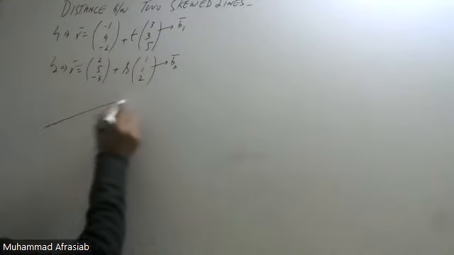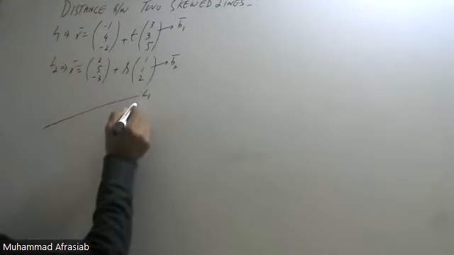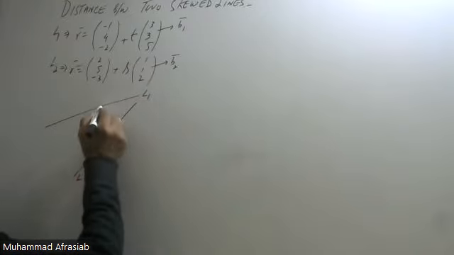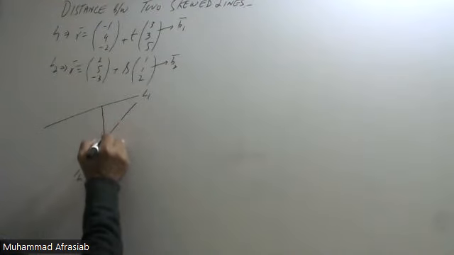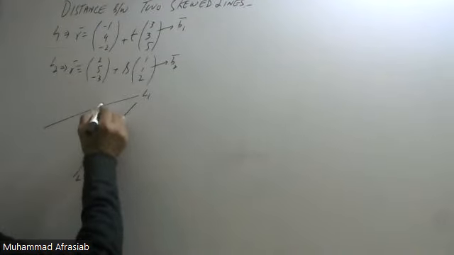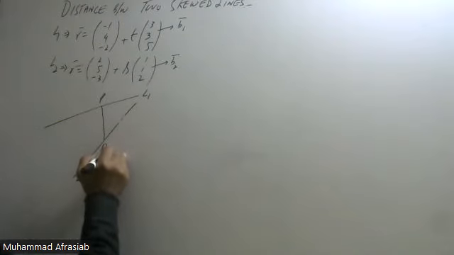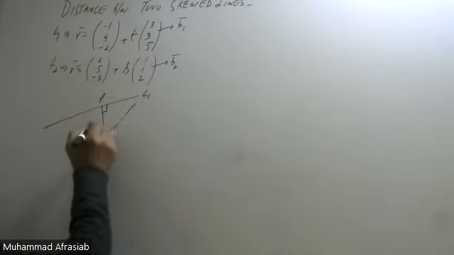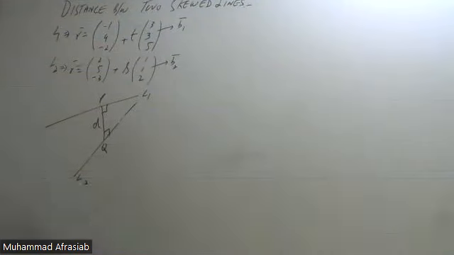Let's say one is line L1 and the other is line L2. Let it pass through the point P on L1 and the point Q on L2, and PQ is perpendicular to both. We have to find the distance PQ as the distance between the two skew lines.